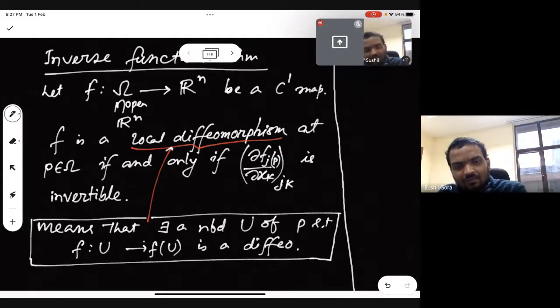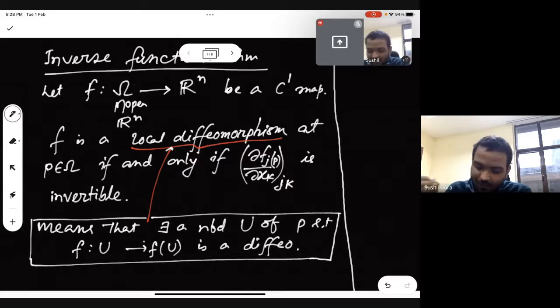So f of U is automatically open, you don't need to worry about that. I suggest you check that if U is open, that comes automatically. You don't need to assume that.